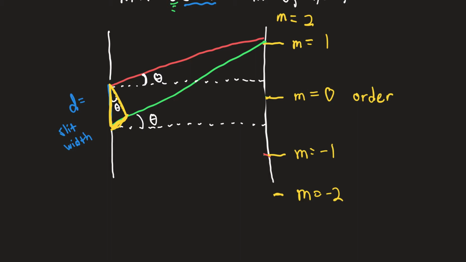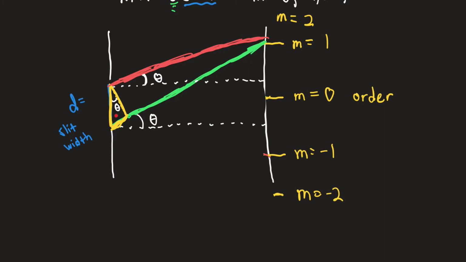And the important thing to note is that this piece of green, this line that's green right here, is actually the same exact length as this piece of red. But then this green line, this one right here, this wave that's traveling from the bottom slit has to travel a little bit further.